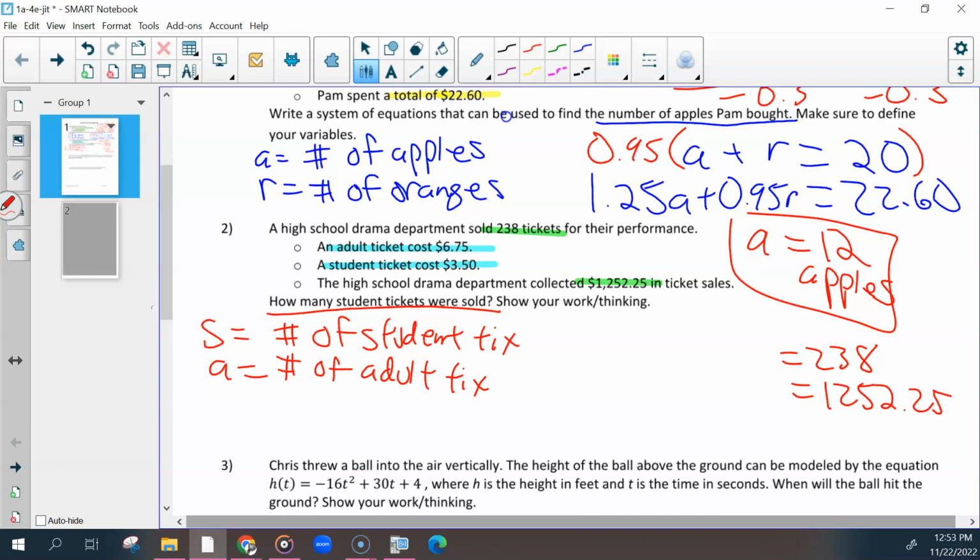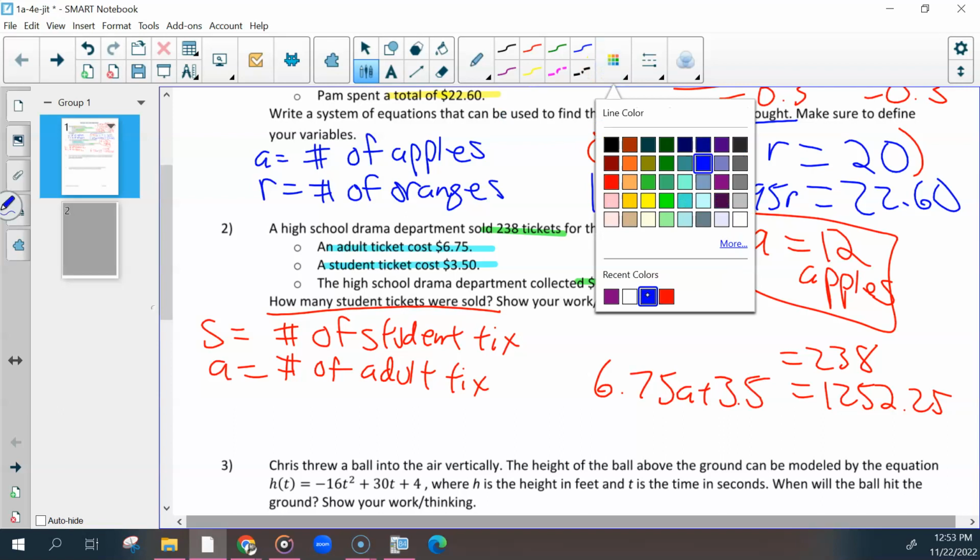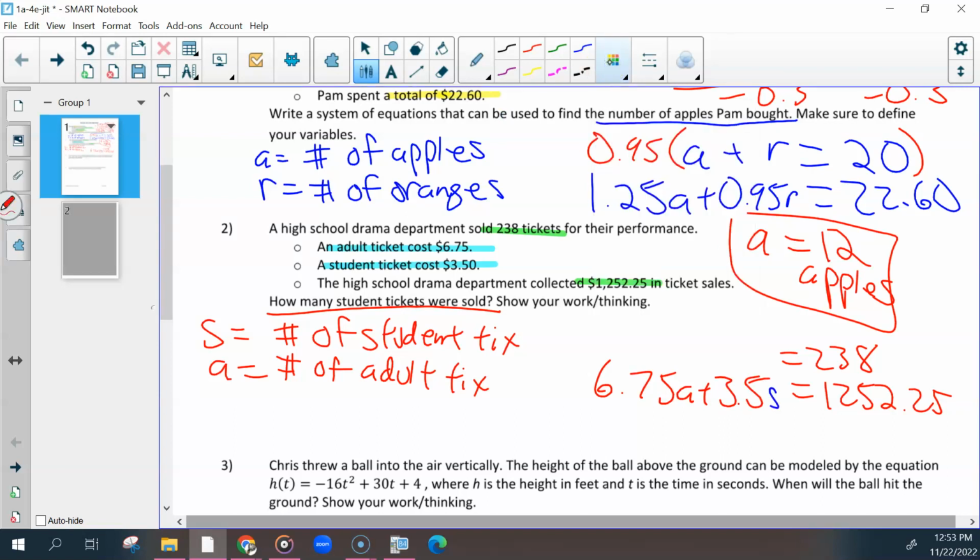So 6.75A plus 3.50S would be part of this. And then since 238 represents the total number of tickets, and S and A both represent number of tickets, we would again add those two together.